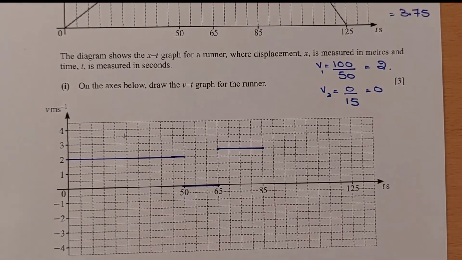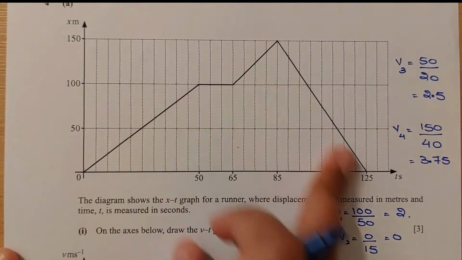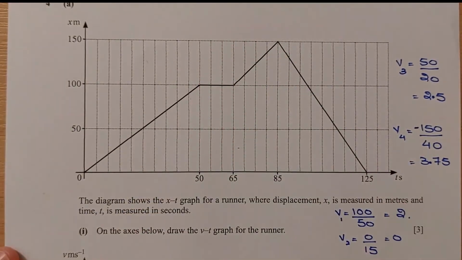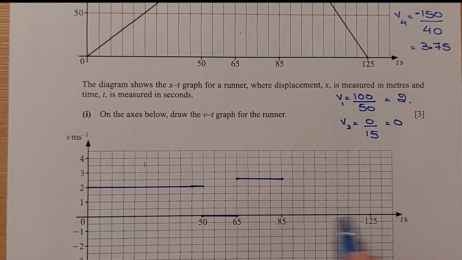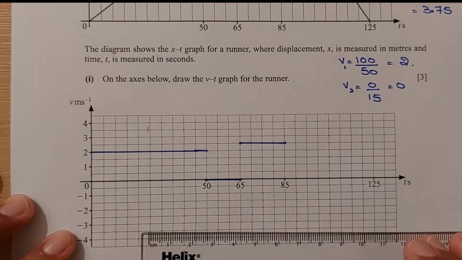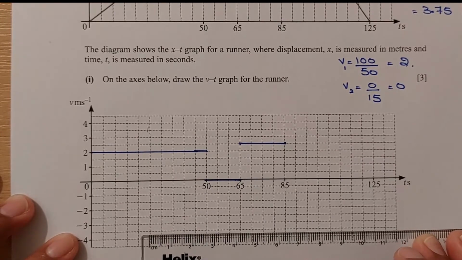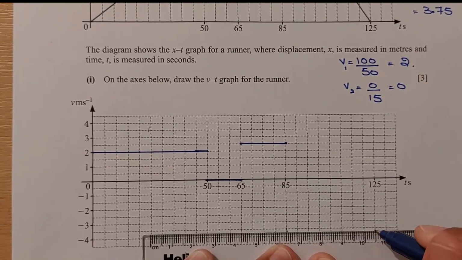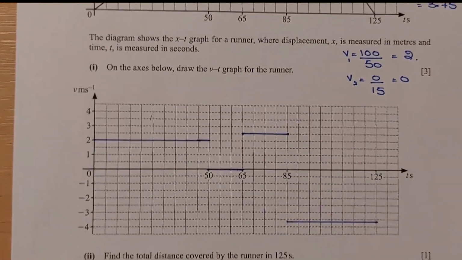Okay, so the displacement is negative, it is downward, right? So from 150 to 100, that is a negative displacement, so the velocity is negative, right? Minus 3.75, between negative 3.5 and negative 4. From 85 to 125, this is going to be the velocity time graph for the given situation.